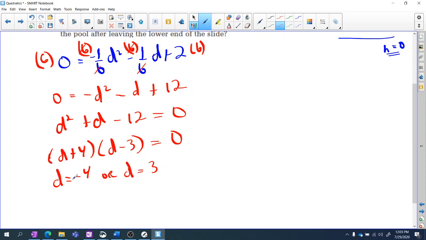So remember, d represents how far they've traveled horizontally after coming off the end of the slide. Well, for the context of this question, they can't travel a negative distance horizontally. So that answer is what we would call inadmissible based on the context of the problem. This one has to be their answer. So 3 feet would be their horizontal travel.